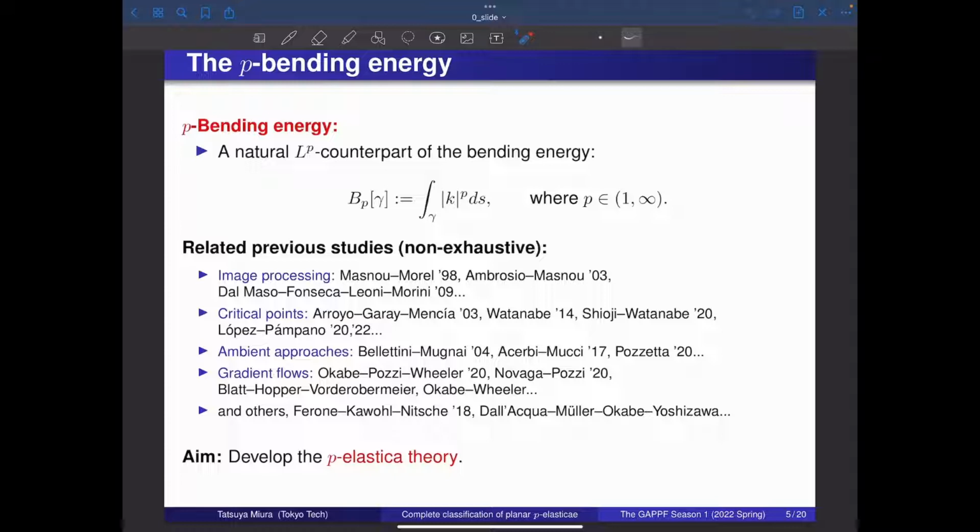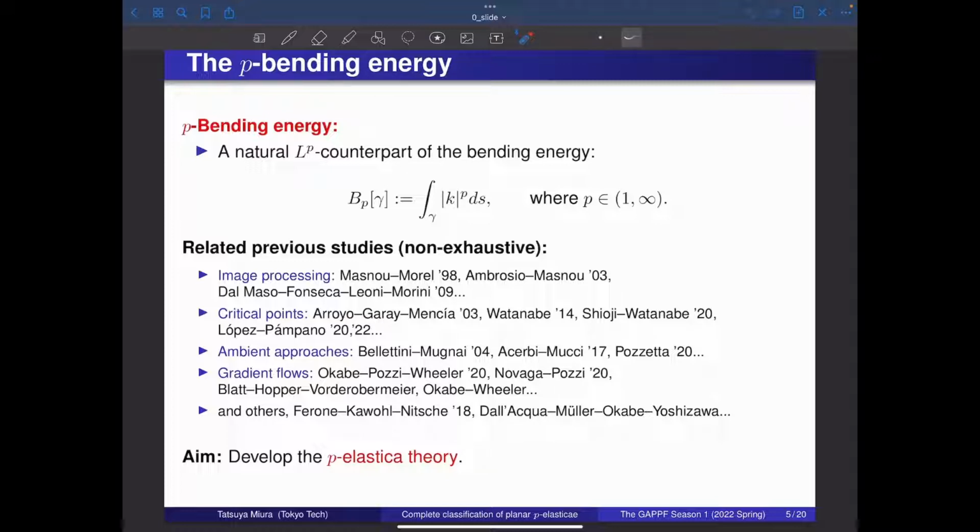And in addition, the corresponding p-elastica, which is a natural critical point under the fixed length constraint, has also been studied by some people, not only as a natural extension of the elastica, but also in view of some applications to, for example, linear Weingarten surfaces.